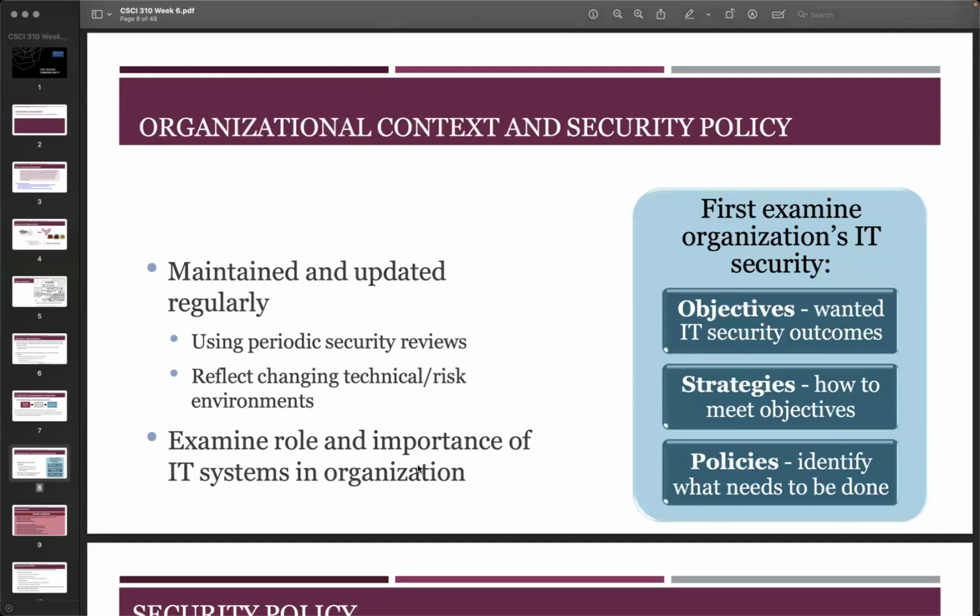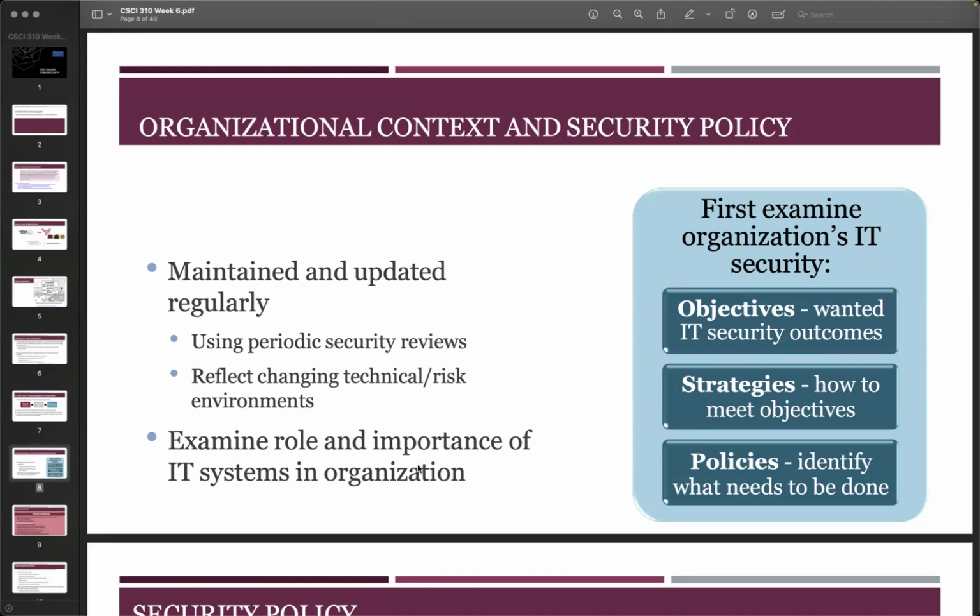So we always try to maintain and update regularly, using different types of periodic security review, which reflect the changing technical risks and environments. You sometimes see the term auditing. Auditing is also a kind of review.